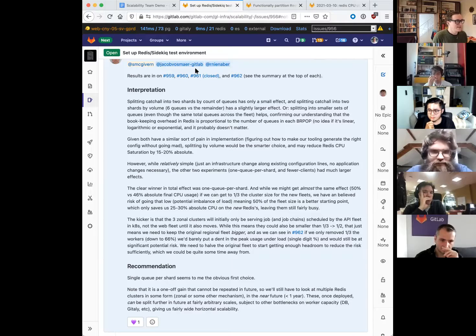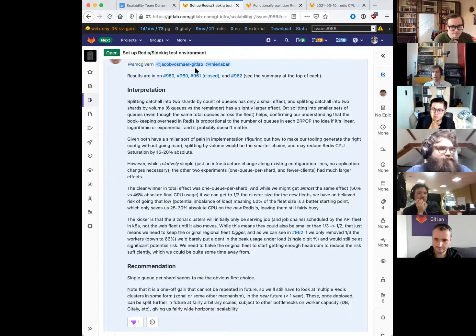And it could also mean two different things, because one thing it can mean is to reduce the number of jobs per second. Another thing it can mean is to reduce the number of clients connected to Redis. And that depends on whether, I think the original zonal cluster proposal would have all queues exist in each cluster completely separate. So the number of clients goes down and the number of jobs per second goes down.